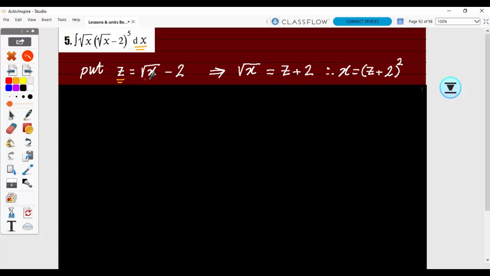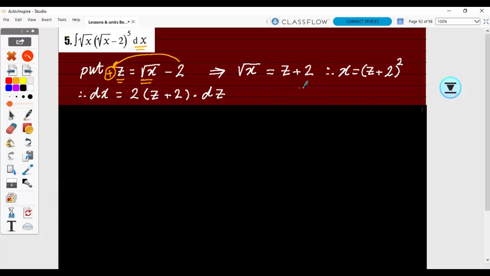To get x, we square both sides. So by squaring the two sides, root x becomes x, and z plus 2 becomes (z plus 2) all squared.